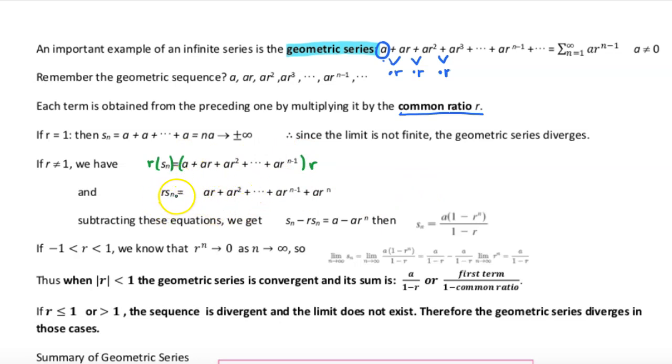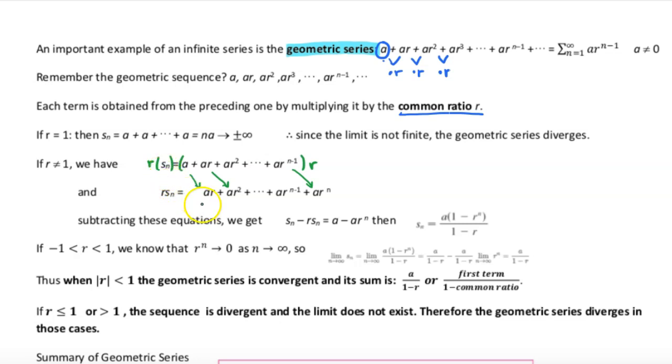On the left of the equal sign, we just have r s sub n, and on the right side, you can see that each of these terms was just multiplied by r. A became AR, AR became AR squared, and the last term, AR to the power of n minus 1, just became AR to the power of n. And now that we've got these two equations that are equivalent, all we're doing is subtracting them.